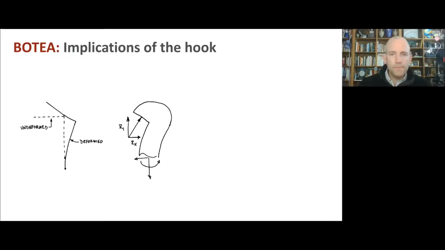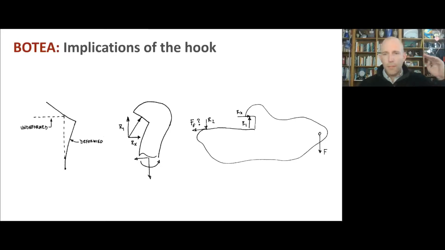And if we zoom out and look at the full system, that will try to make everything move away from the table. We don't have any horizontal force that could react this out from the rope.